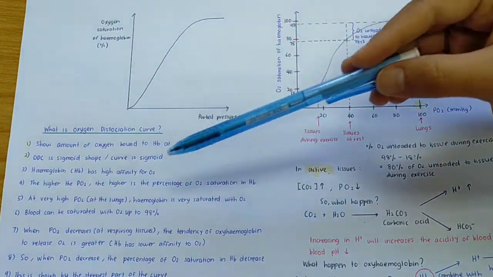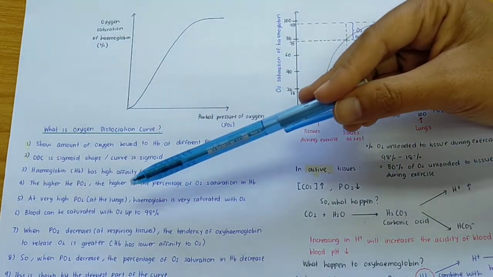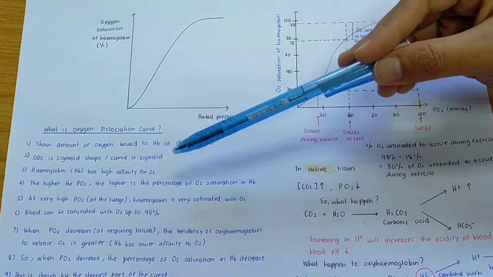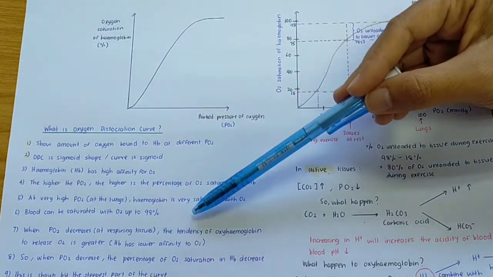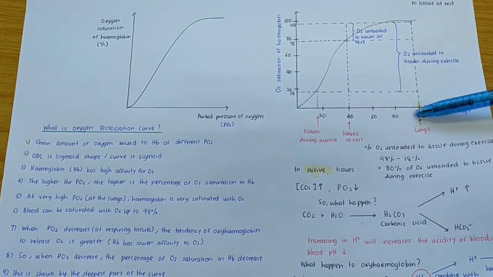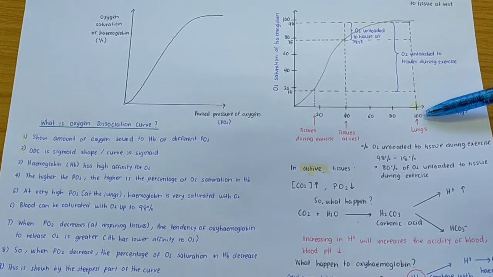At very high partial pressure of oxygen, which is usually at the lung, hemoglobin is very saturated with oxygen. Look at this graph. At the lung, the partial pressure of oxygen is very high, let's say 100 mmHg.